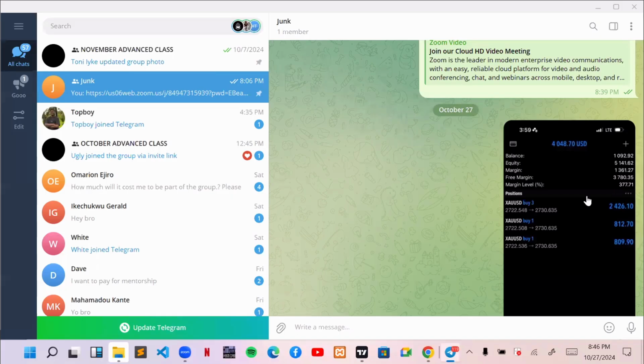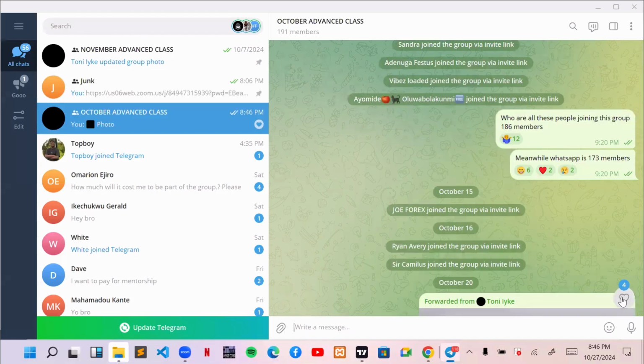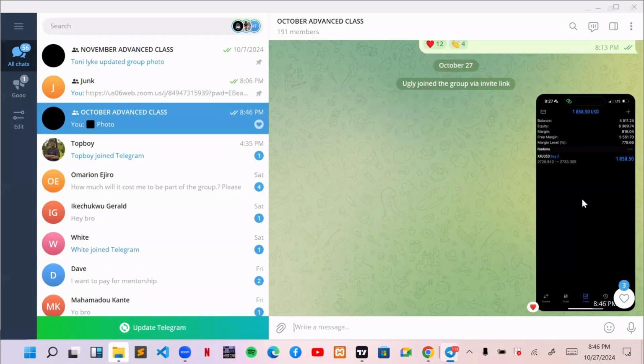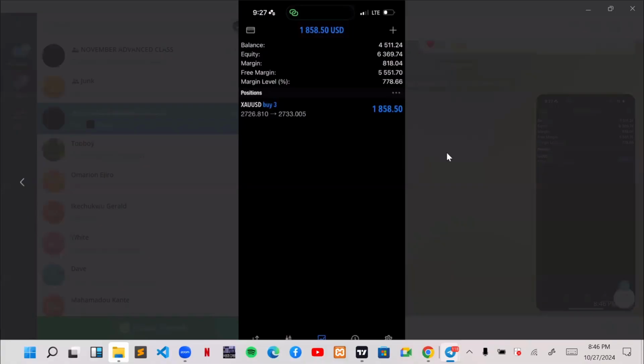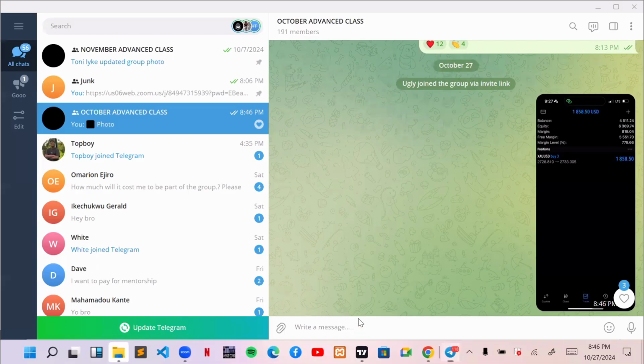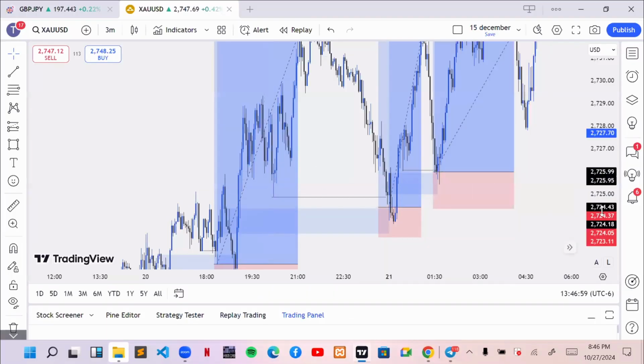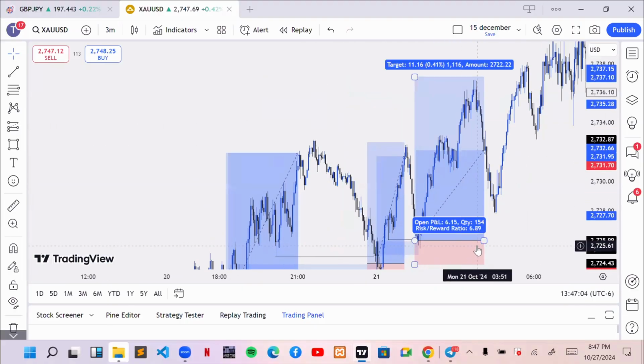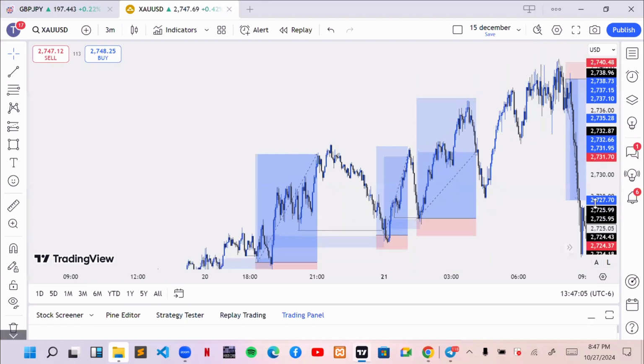Then the second buy, I don't think I analyzed the second buy. I was not active when the second buy hit, but I think it was the third buy that I caught, which is this. So this was the third buy on gold. This was that first one that I showed, and I was sleeping when the second one triggered. Then I took this one. So that was just it.